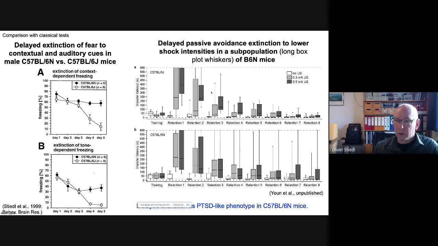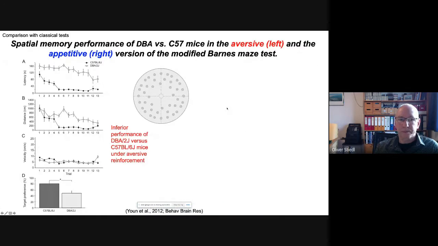And I will show you data where, surprisingly enough, despite the fact that we have the conclusion that the 6N mice show a PTSD-like phenotype, in other classical tests that never emerged.